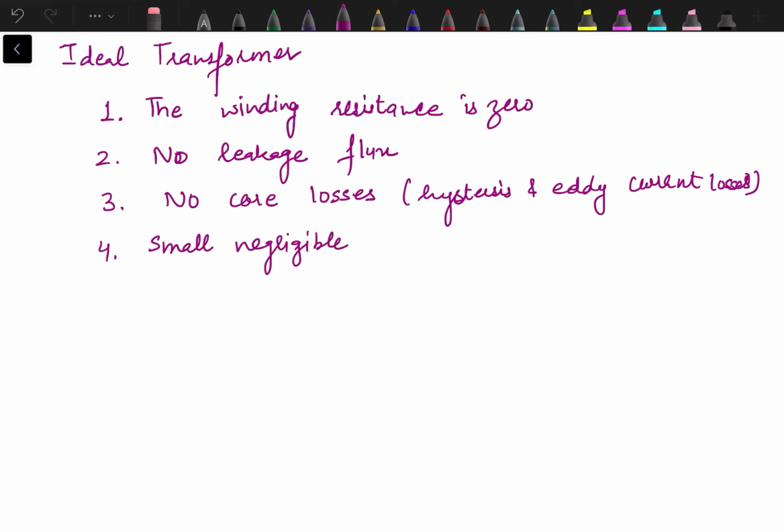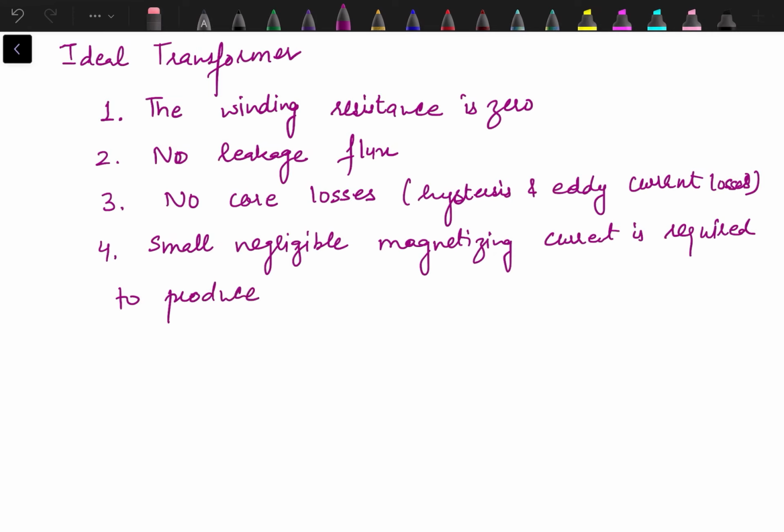Magnetizing current is required to produce the working flux. Again, this is not practically possible. Still, this is the assumption.